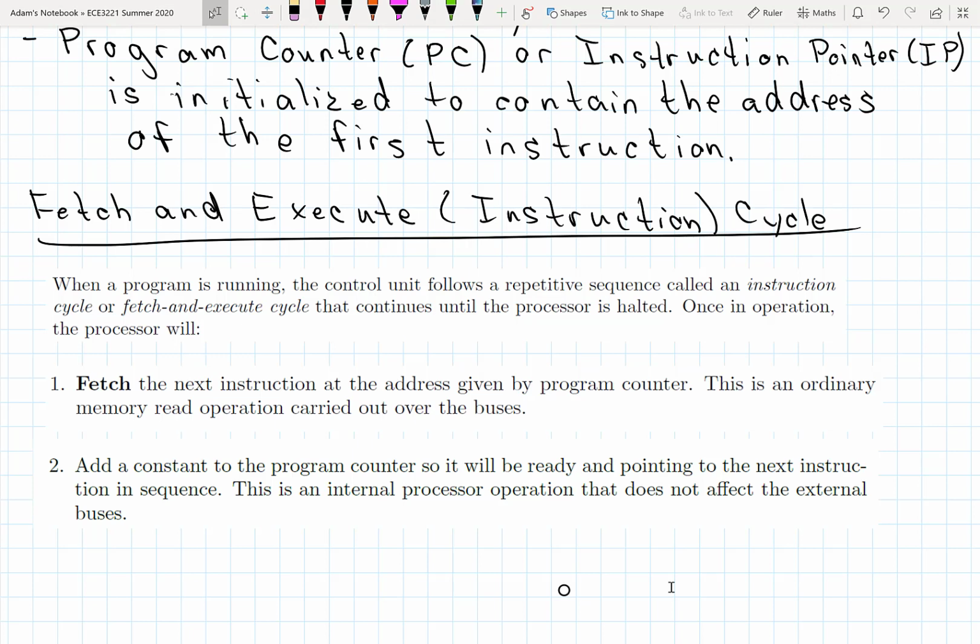And in fact, this constant that gets added is, in the case of the Nios II, +4, because each instruction is 4 bytes in length. So to increment to the next instruction, we have to add 4 to the program counter.